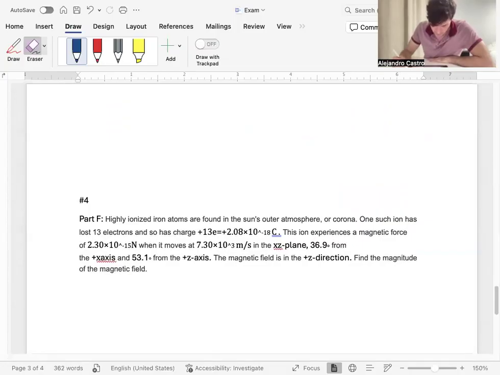Part F. Highly ionized iron atoms are found in the sun's outer atmosphere or corona.